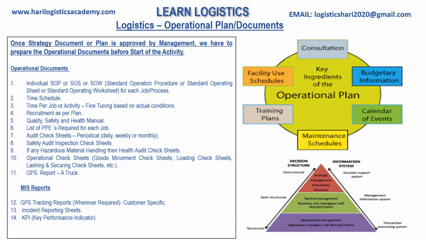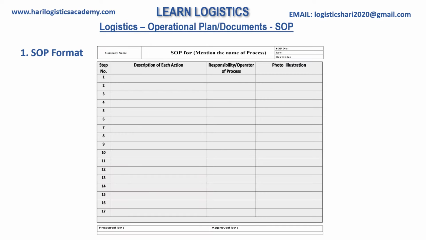Thirteen, incident reporting sheets. If any incident happens in any of the activity, then what should be the method of reporting and everything we have to prepare. Fourteen is KPI. It's called Key Performance Indicator. It's for every action or every reporting person we have to prepare it.